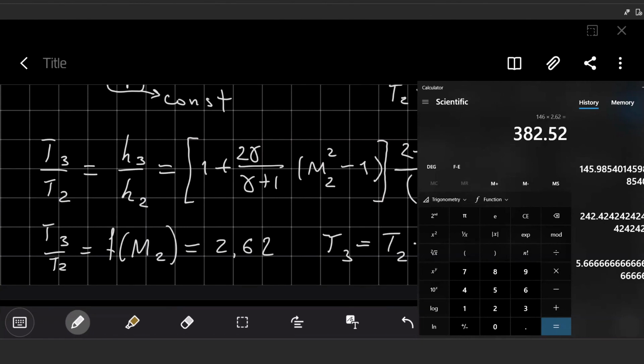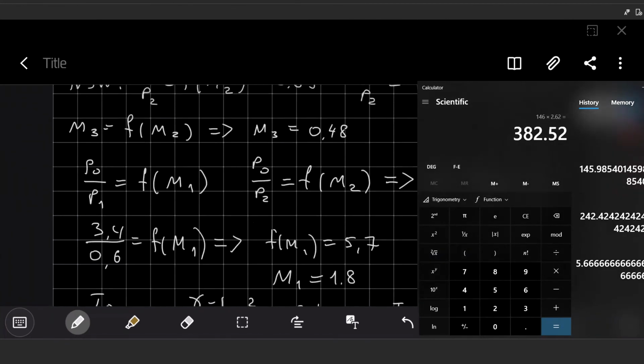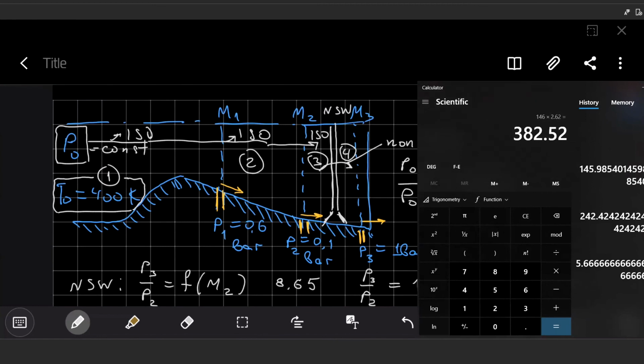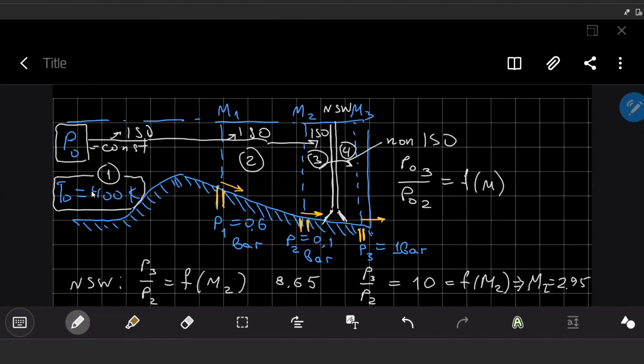Again, we have a relatively high temperature at point 3, very close to the temperature inside the tank, the stagnation point. If we go here, we had 400 Kelvin before in the tank, with not accelerated flow. After the flow accelerated, the temperature decreased significantly because we had to use some part of the potential energy to accelerate the flow.